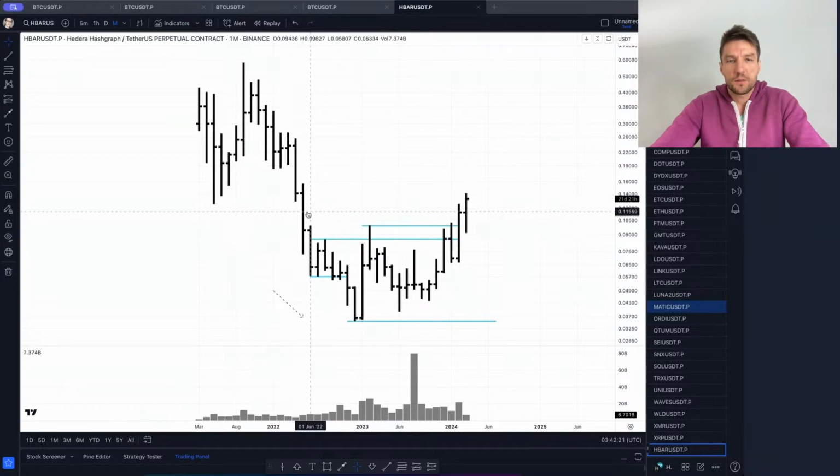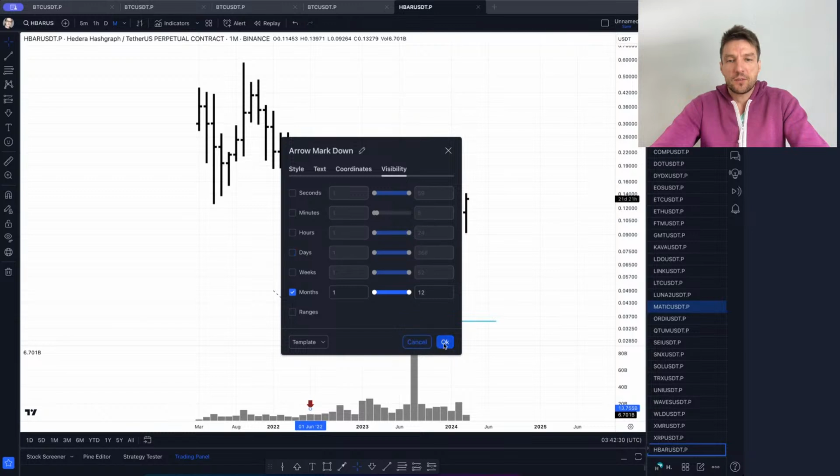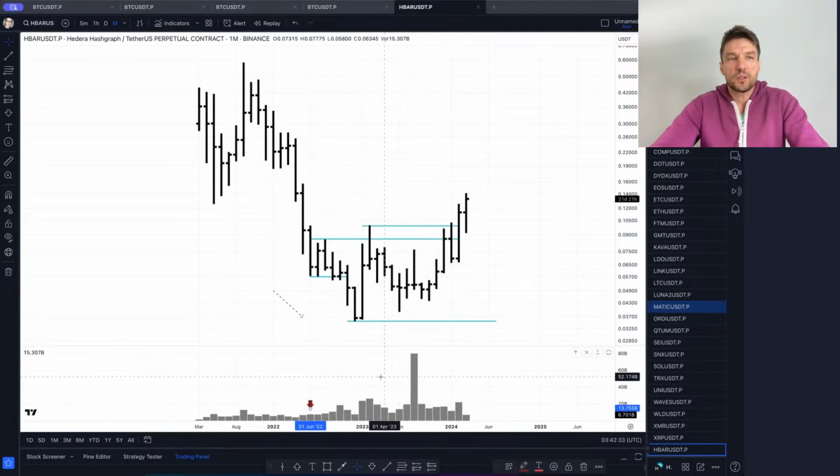What's the biggest volume? Yeah, this was the biggest volume. But once again, after this volume comes in, you see it's not a correction. It looks like an accumulation campaign.